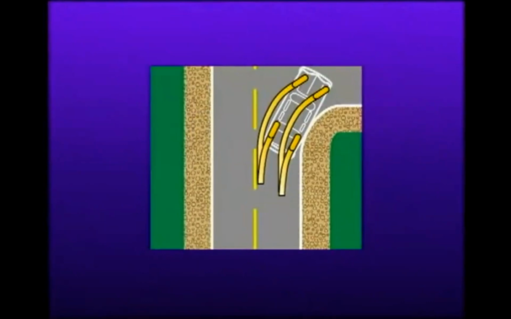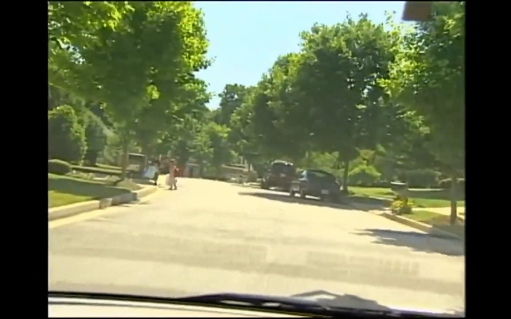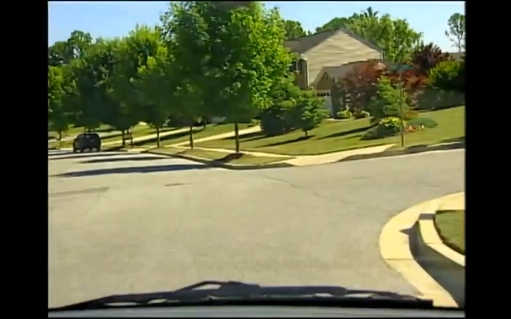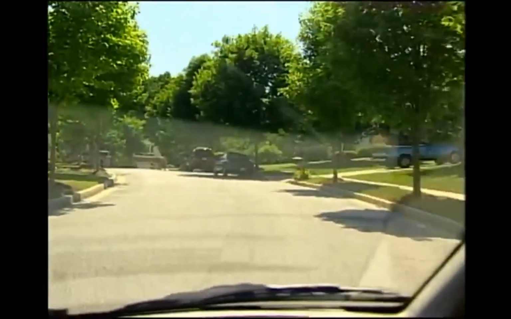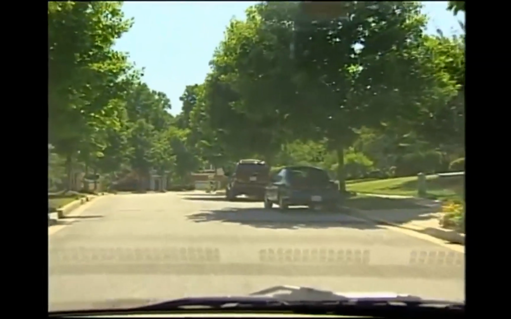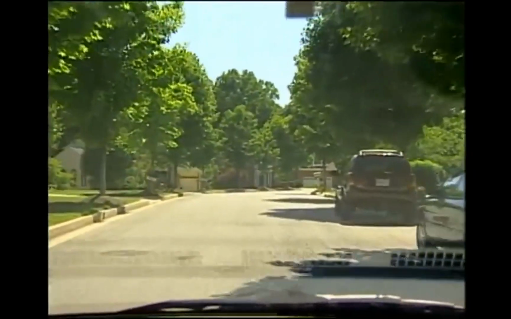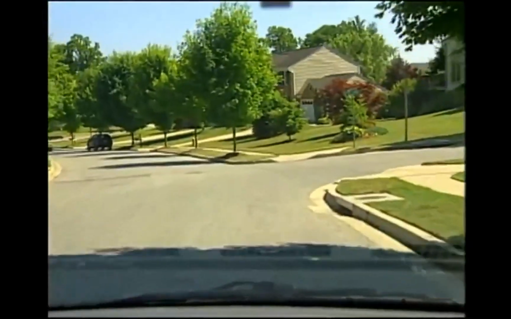We need to round out the turn so that the rear wheels clear the corner. Let's see the whole turn, from the middle of the lane, around the corner, into the middle of the new lane, and straighten out. We need to guard against a few common mistakes.